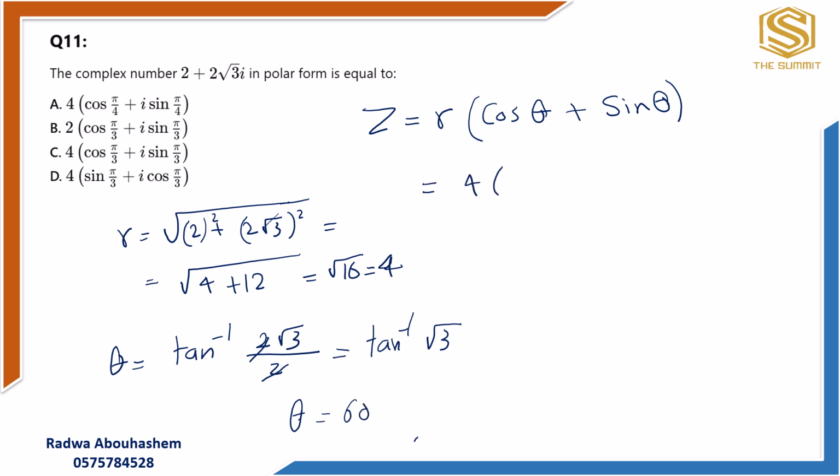So it would be 4 cosine. Of course, 60 in the radian form would be pi over 3, since pi is 180. So cosine pi over 3 plus sine pi over 3. Where's my answer? Here it is. And you have to add i to it here. So where's my answer? Here's my answer.